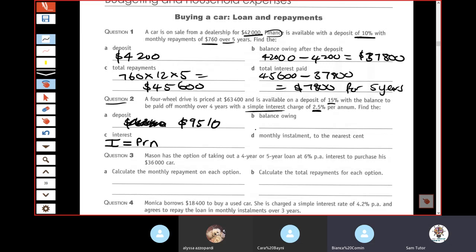And then balance owing. You're up to this stage. P is 53.